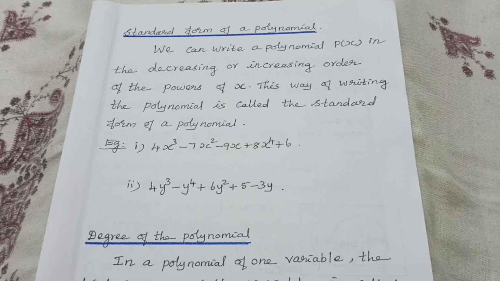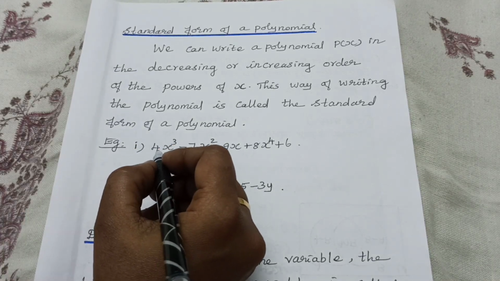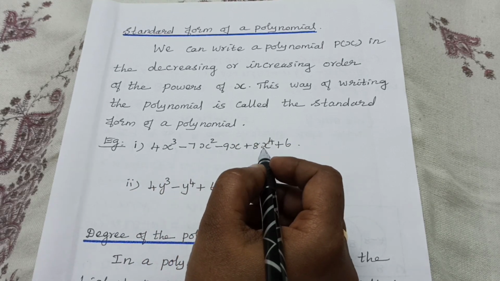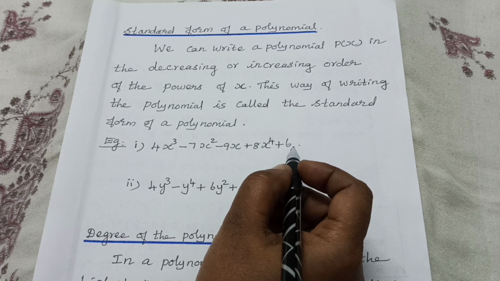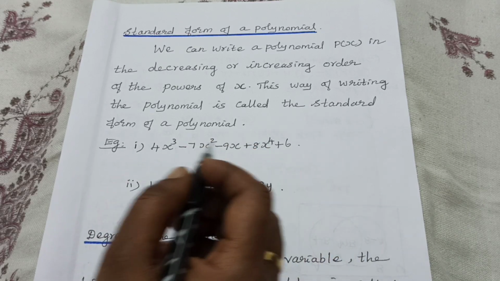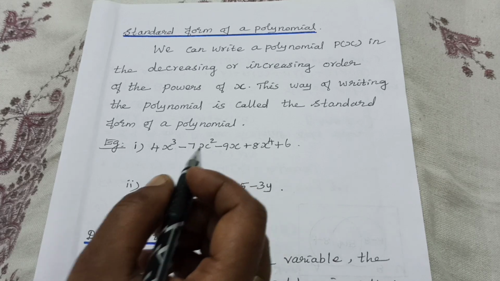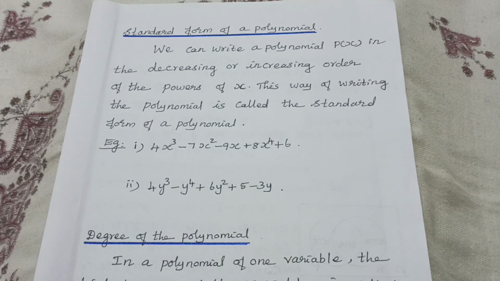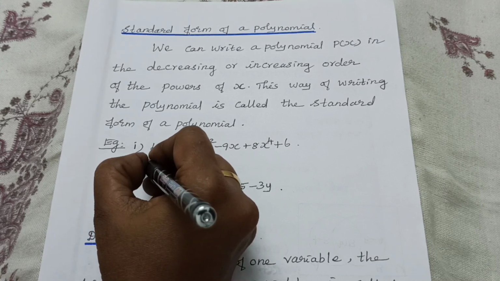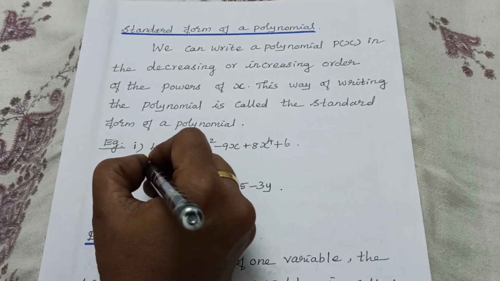Here is one example: 4x cube minus 7x square minus 9x plus 8x power 4 plus 6. This is one polynomial. How can we write it in standard form?